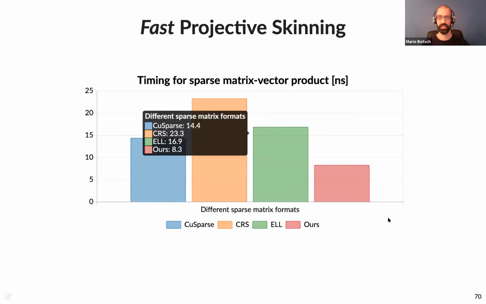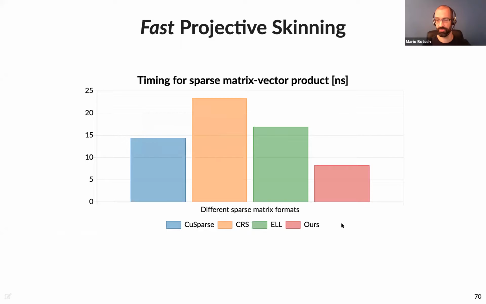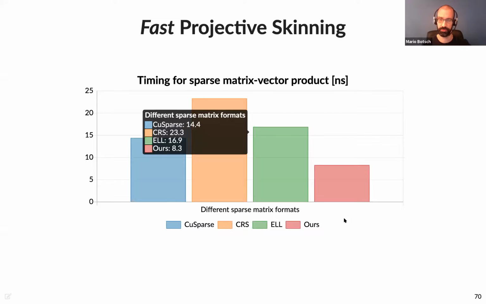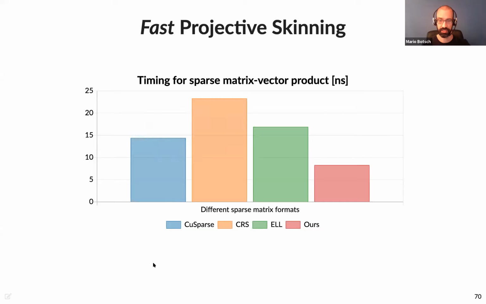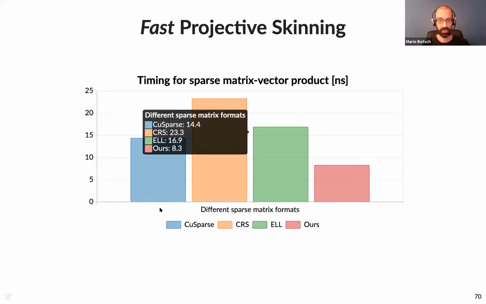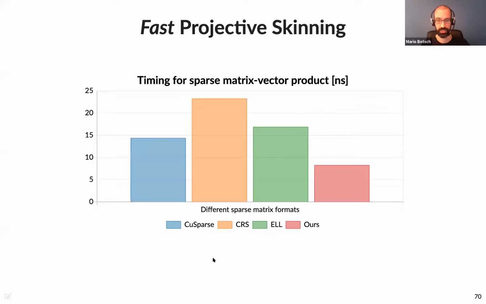So Martin came up with a new representation for sparse matrices that beat cuSPARSE by a bit. cuSPARSE is very good if you have very large matrices, but for matrices of moderate size like we have, it's not super efficient.